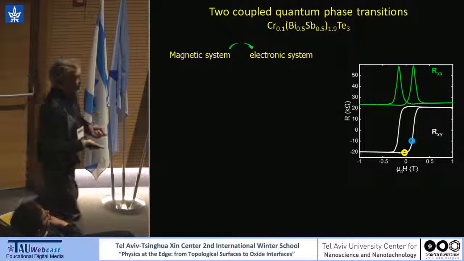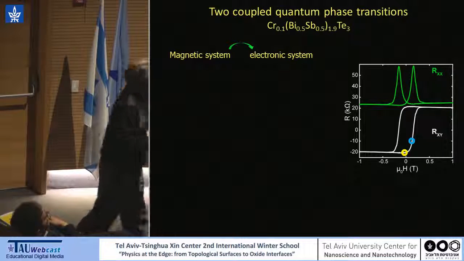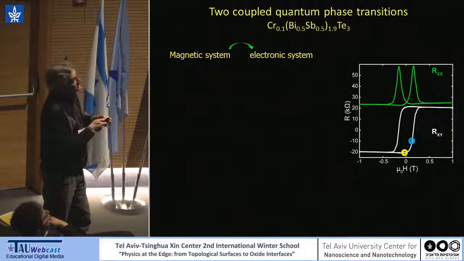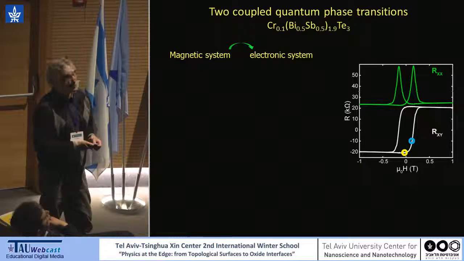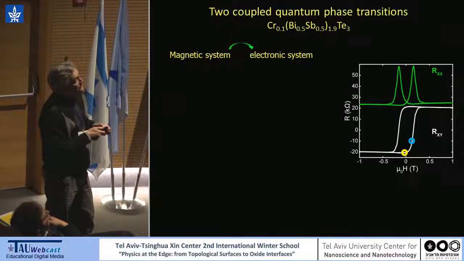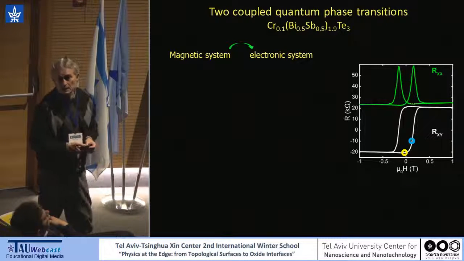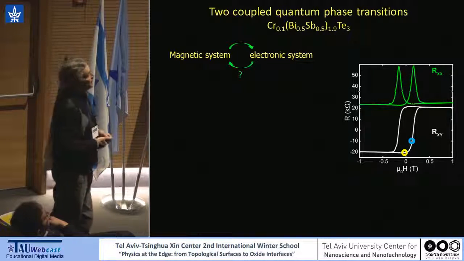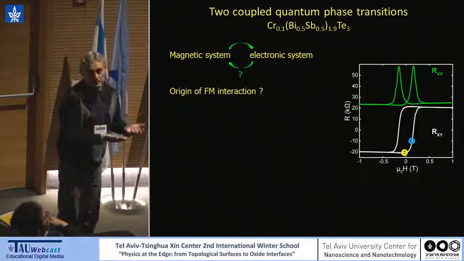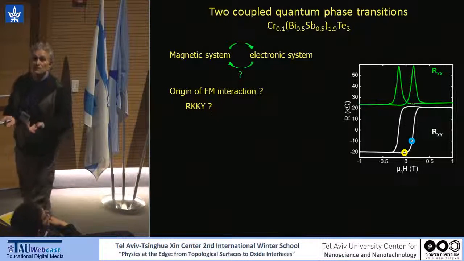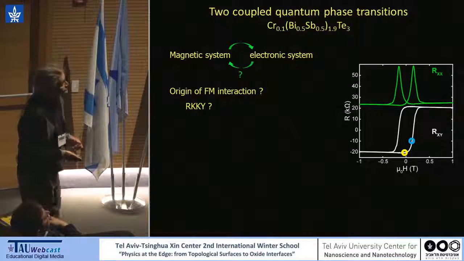They trigger the electronic phase transition. So we have a magnetic system that actually drives the electronic system. The question is whether the electronic system can drive backwards or can influence back the magnetic system. So this brings us to the question, what is the origin of the ferromagnetism in the first place?